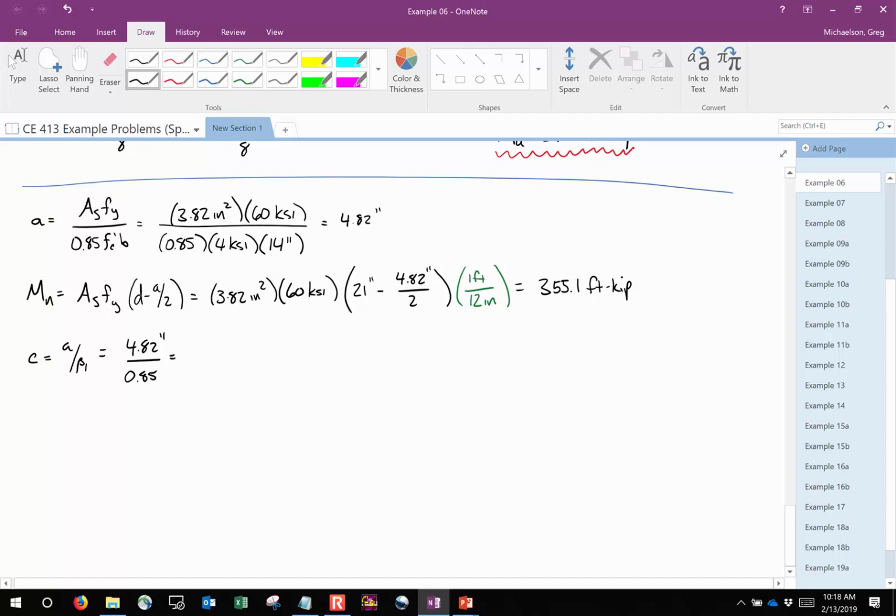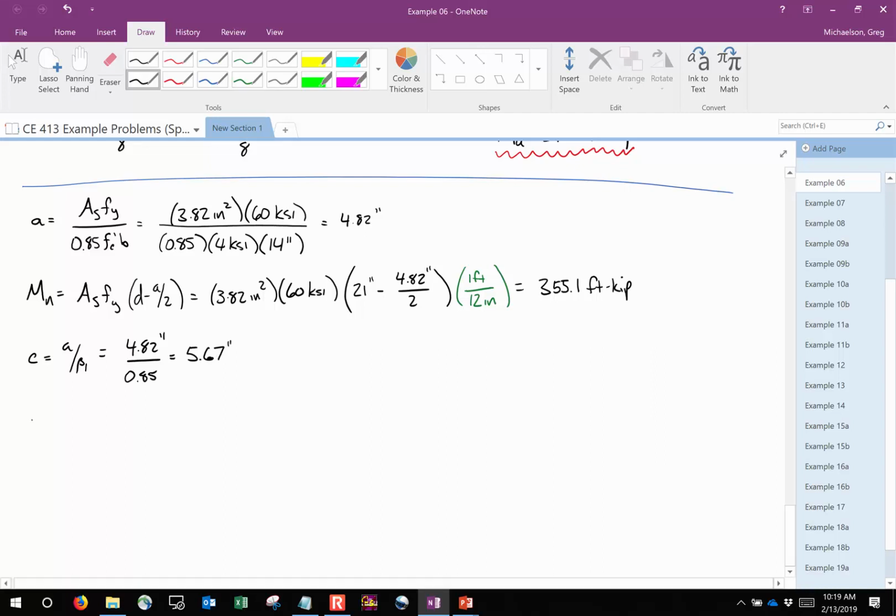Remember, it is just coincidence that this 0.85 and this beta 1 happen to be 0.85. If we were using a higher ksi concrete, we'd have a different value for beta 1. So C is 5.67.